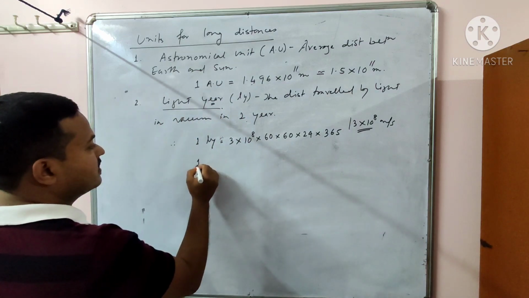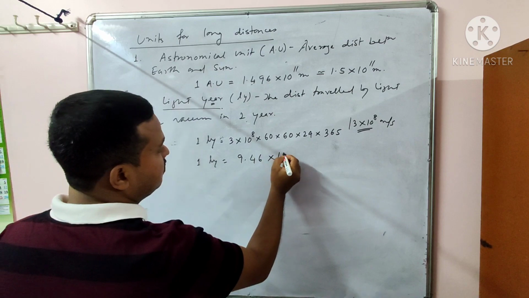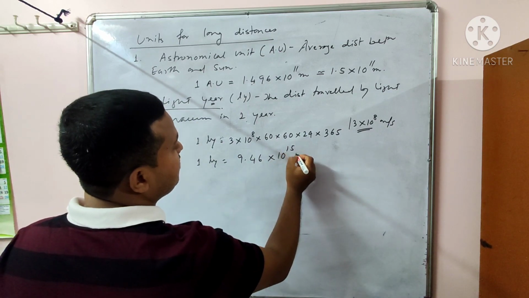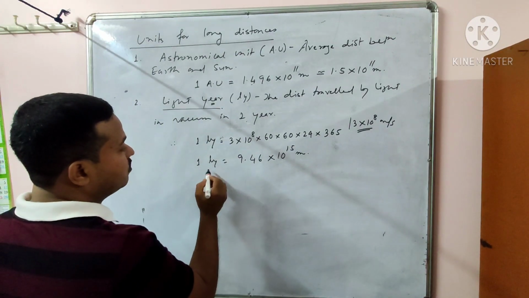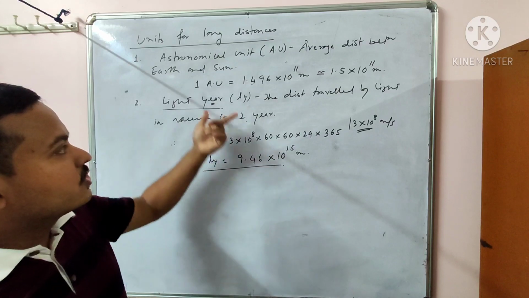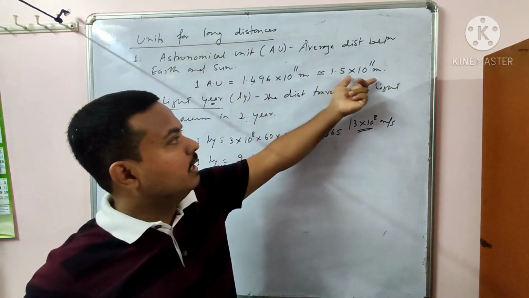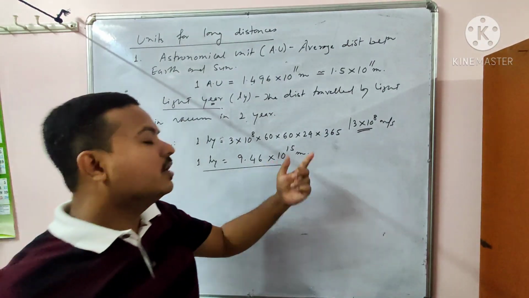If we calculate it, it comes to be 9.46 10 to the power 15 meter. So 1 light year equals 9.46 10 to the power 15 meter. So here also just remember it. 1 astronomical unit is 1.5 10 to the 11 meter, and 1 light year is 9.46 10 to the power 15 meter.